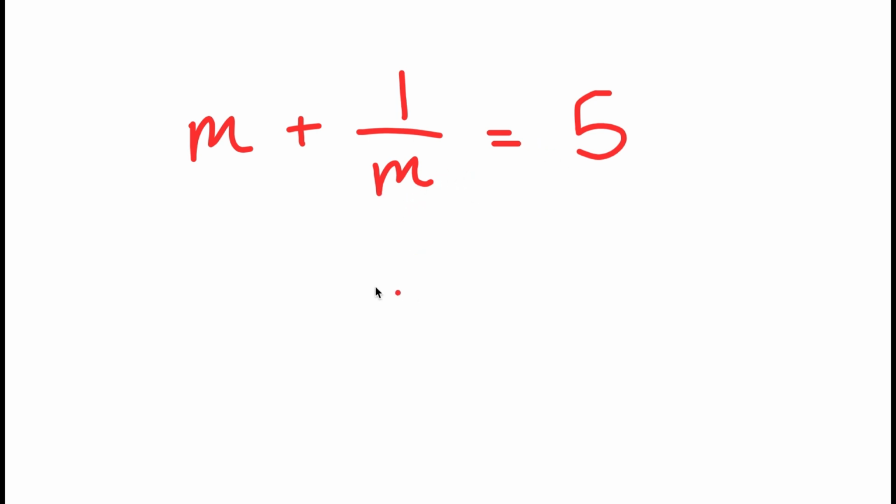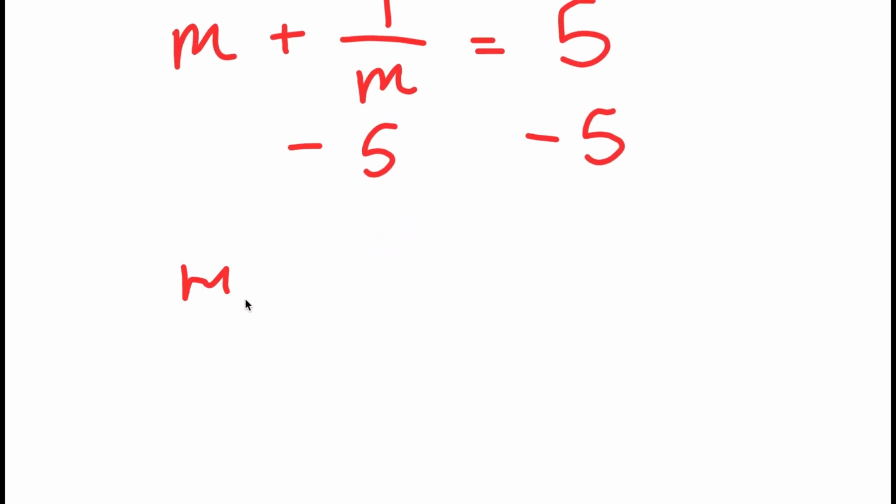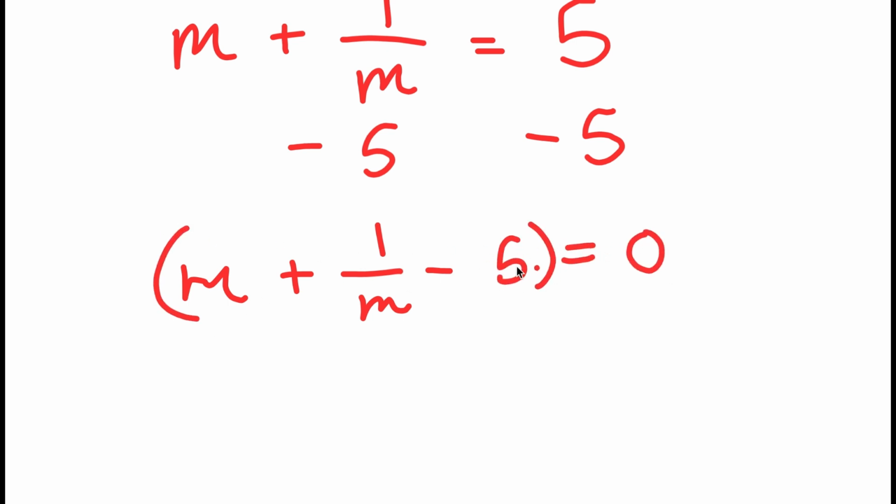So to solve this, I'm going to first start by subtracting 5 on both sides. So I have m plus 1 over m minus 5 is equal to 0. And now I'm going to multiply both sides by m.